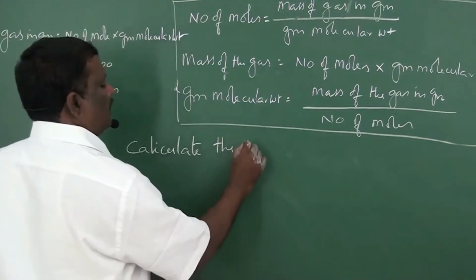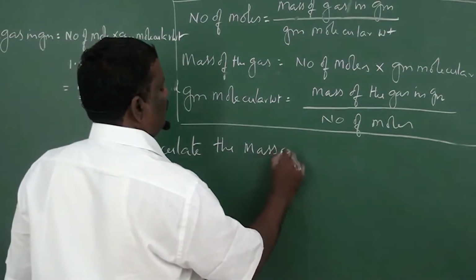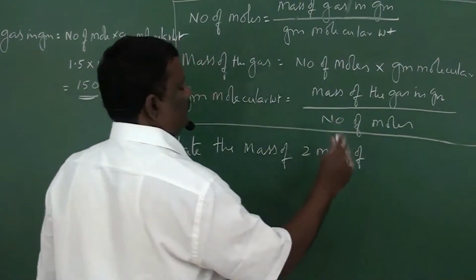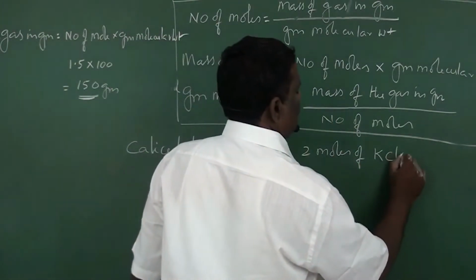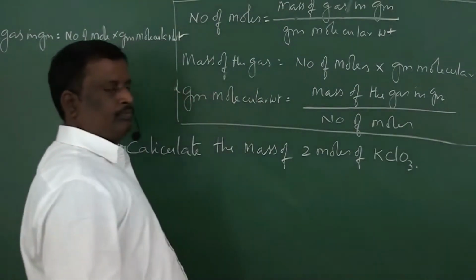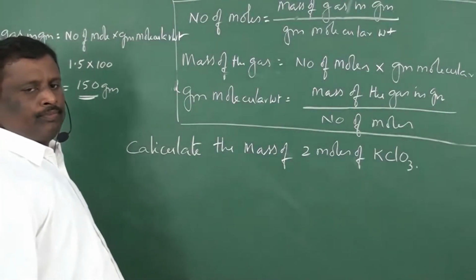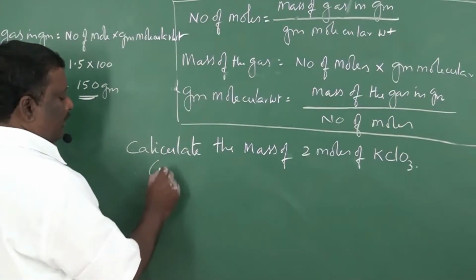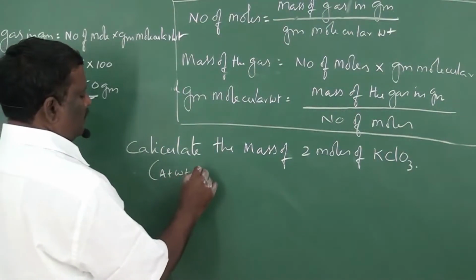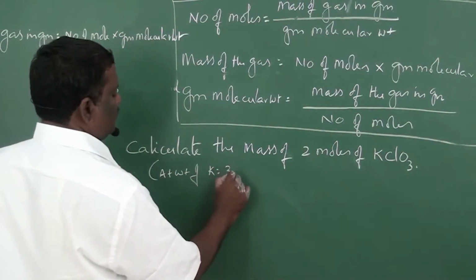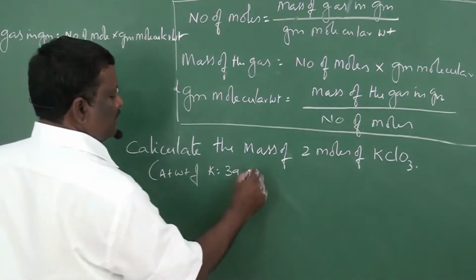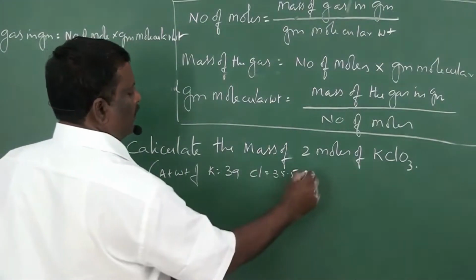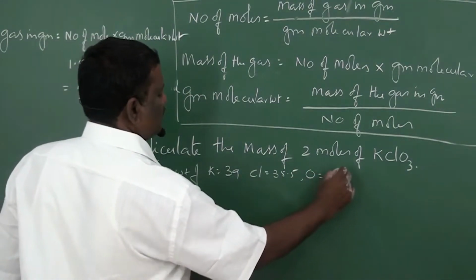Calculate the mass of 2 moles of KClO3, potassium chlorate. Here atomic weight of K is equal to 39, Cl is equal to 35.5, and oxygen is equal to 16.